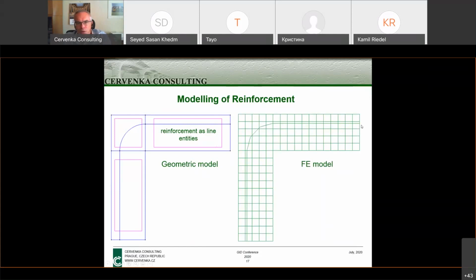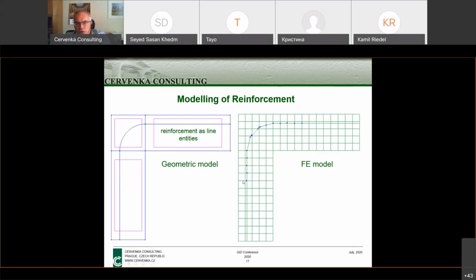Now you see the reinforcement, which initially was curved, is idealized by linear segments. And the selection of these segments should be such that it sufficiently models the reinforcement direction. So when we start the ATENA analysis, this information is sent to the program, and the program makes further refinement.